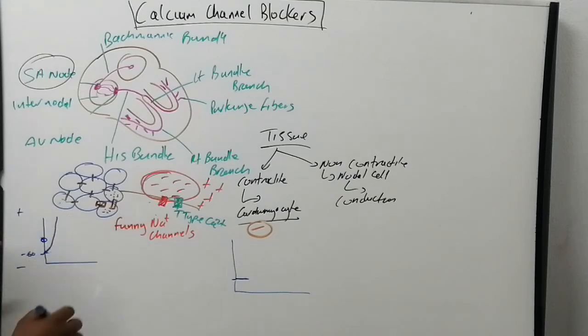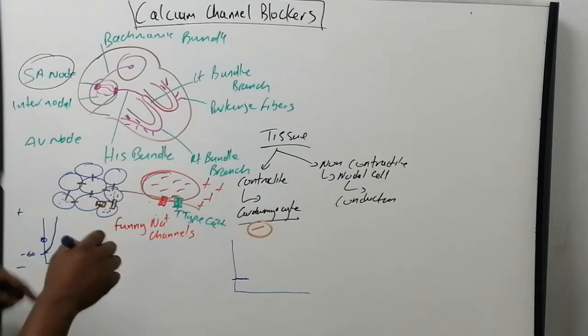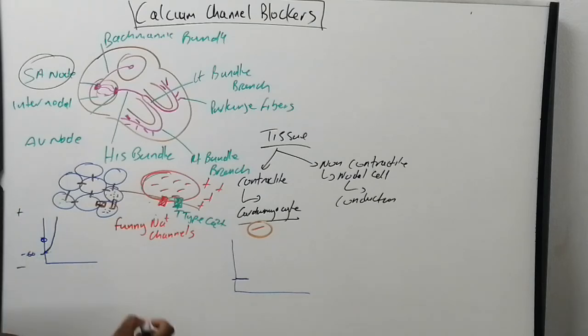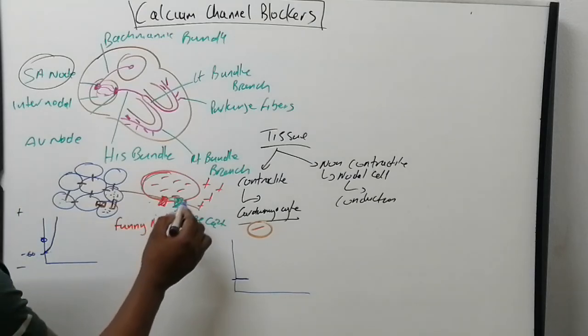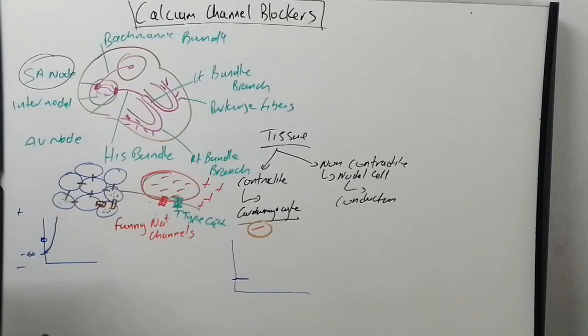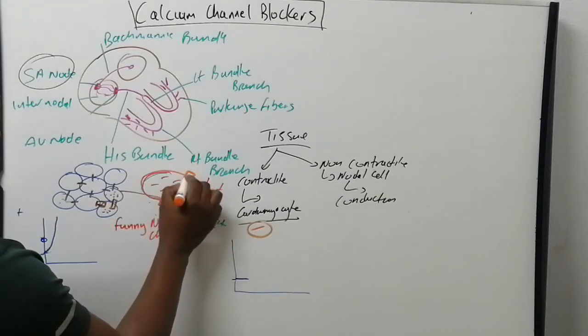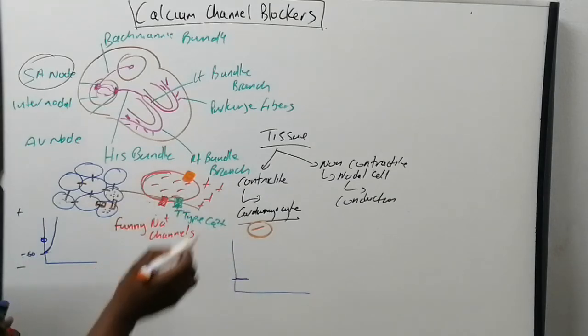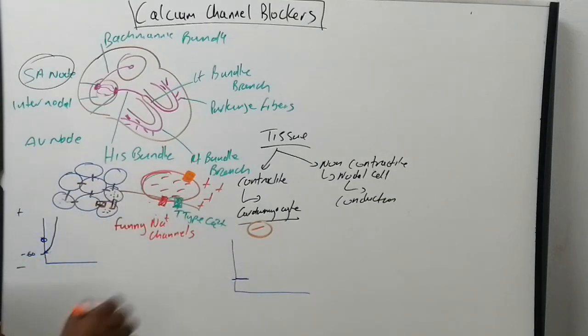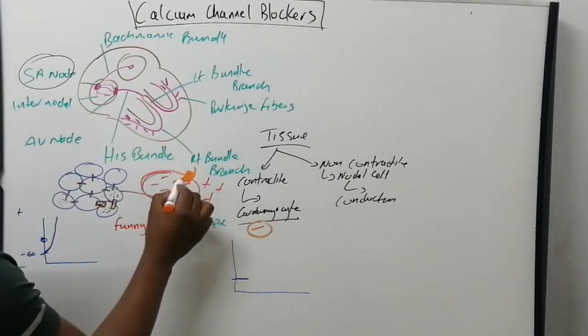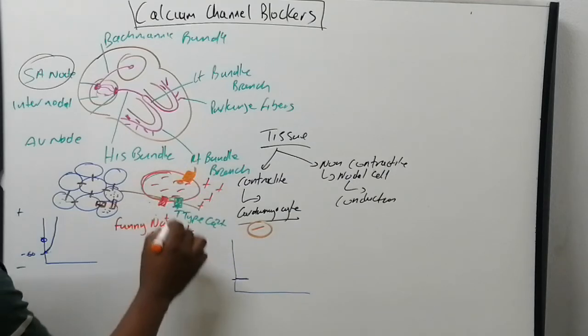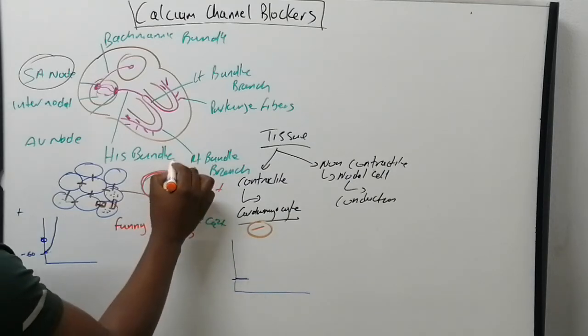And those T-type calcium channels also cause other calcium channels to open, the L-type calcium channels, which allow more calcium to enter as well. These are the T-type, these are the L-type.